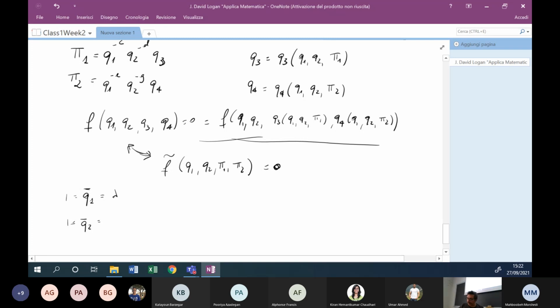So the rescaling is going to be something like this: lambda 1 to the power A11, lambda 2 to the power A21, times Q1, and lambda 1 to the power A12, lambda 2 to the power A22, times Q2. Note that lambda 1 and lambda 2 have to be chosen in such a way that, with powers A11, A21, A12, and A22, I can define this new Q bar 1 and Q bar 2.